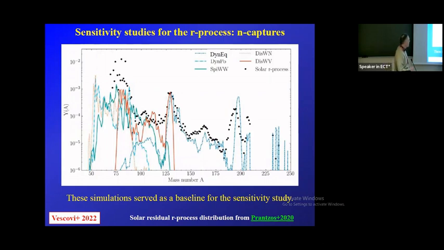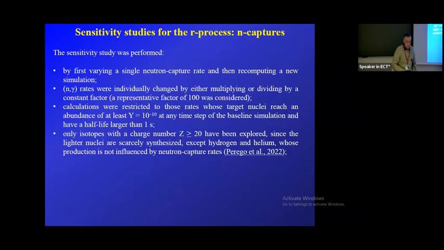This is just a sketch of the different reference distributions you can obtain by assuming different components. You see that, for instance, the dynamical ejecta in the equatorial plane may attain a fuller r-process distribution, while the others may attain the second r-process peak, or even just touch the first r-process peak.